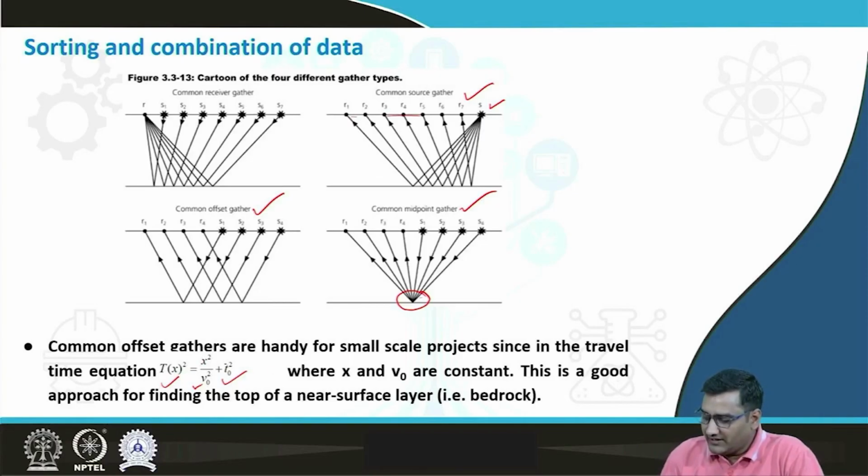This is very handy for a small scale project, because in common offset gathers the offset is known since it is the same each time, and v naught is constant. So this is a good approach for finding the top of a near surface layer, that means the bedrock.